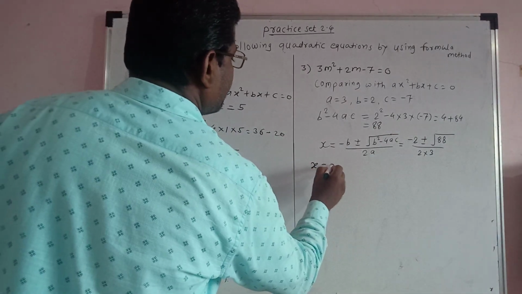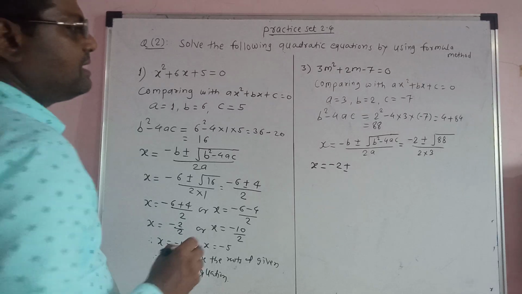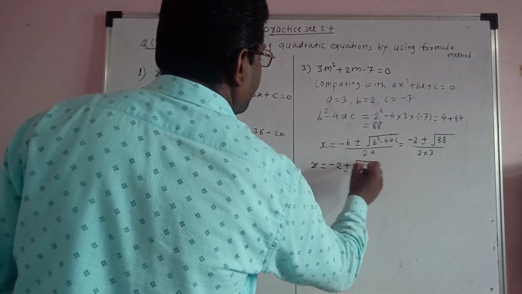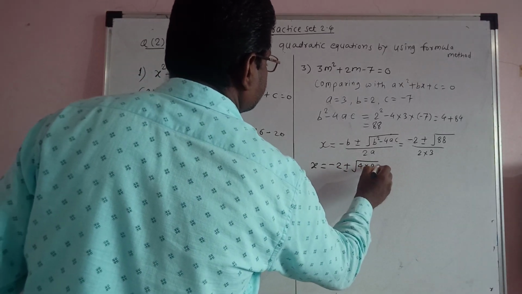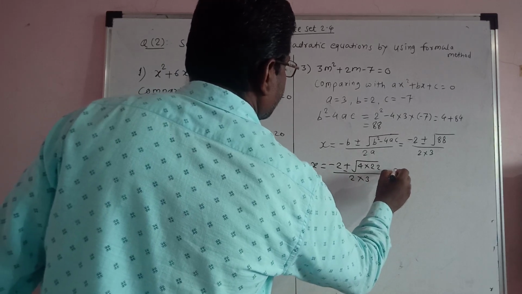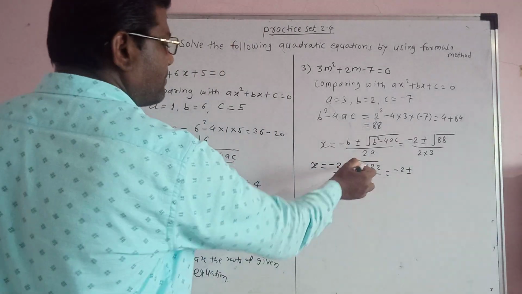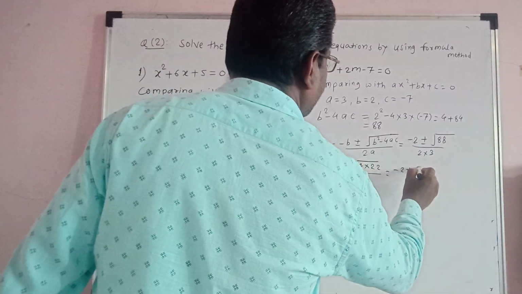Therefore x is equal to minus 2 plus minus, that 88 can be written as 4 into 22, divided by 2 into 3 is equal to minus 2 plus minus square root of 4 is 2 and in square root 22 upon 2 into 3.